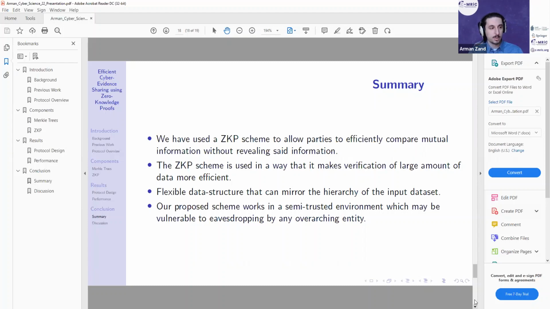be worried about disclosing sensitive information. And the thing about the Merkle tree is that it can mirror the hierarchy of the input data set, so it's flexible that way. And also to note is that our proposed scheme works in a semi-trusted environment, which may be vulnerable to eavesdropping by an overarching entity.